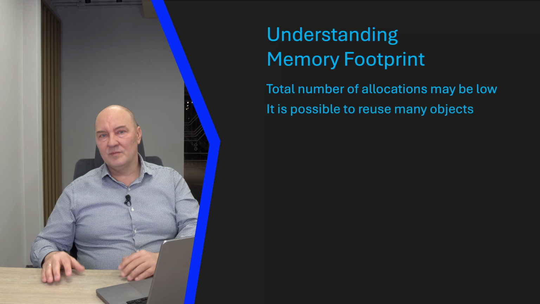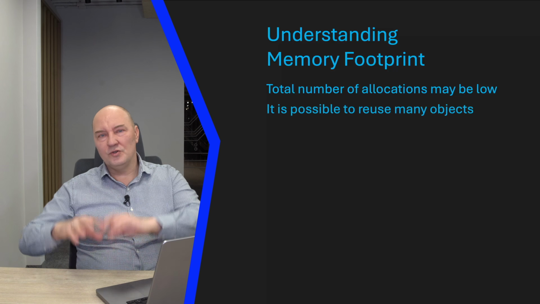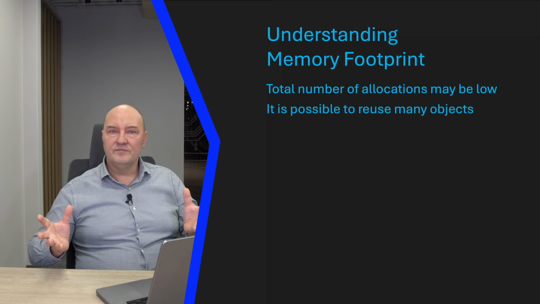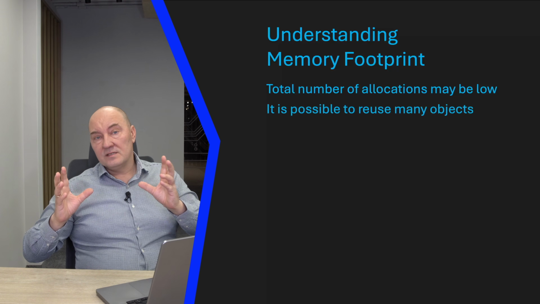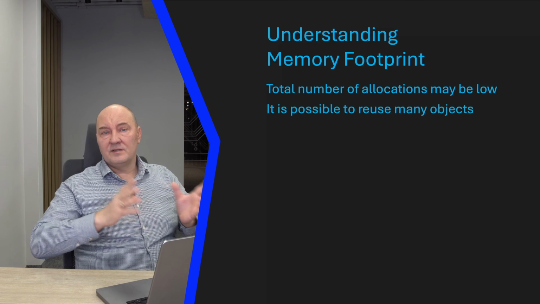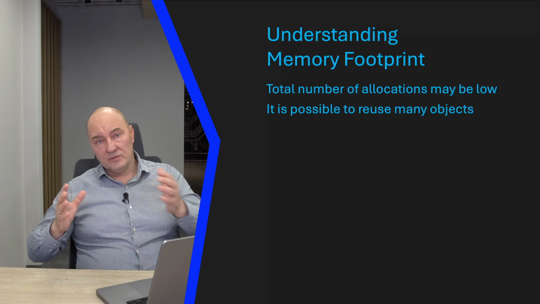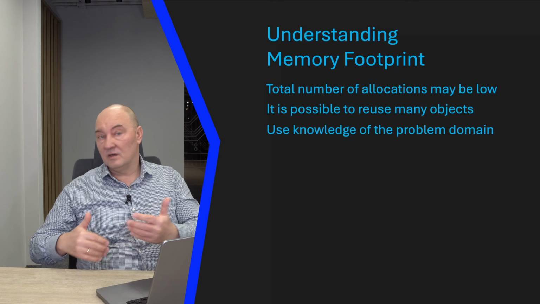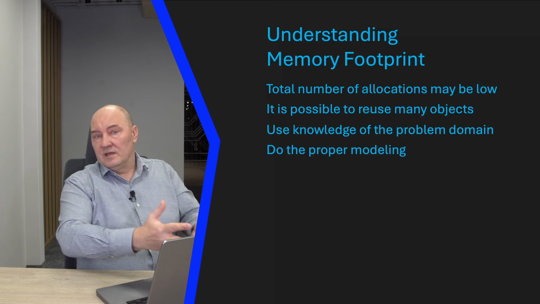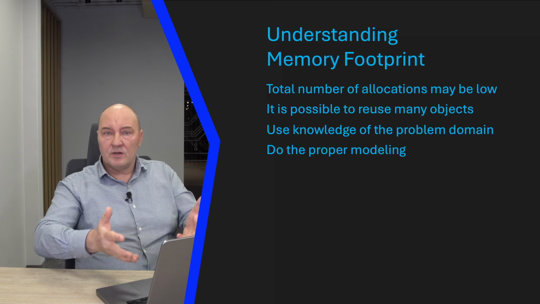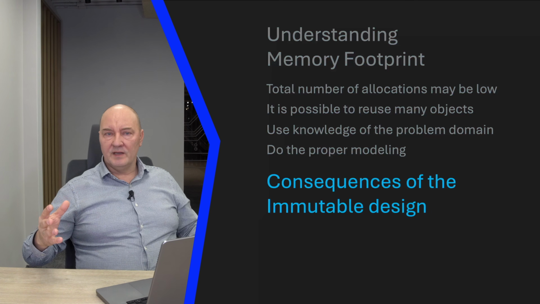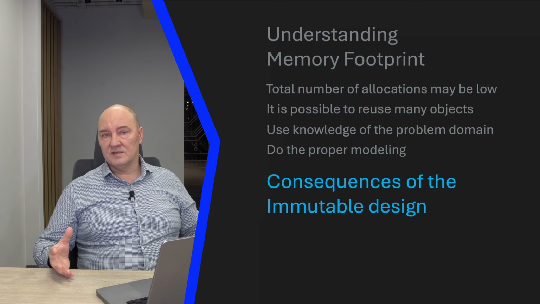In an immutable design, we reuse huge portions of allocated memory, and that is partly art, partly craft. You need to know a lot about the domain you're modeling. You need to do a lot of modeling in the first place to make all that work, but once you have that, you will have all the benefits we normally see in immutable designs.